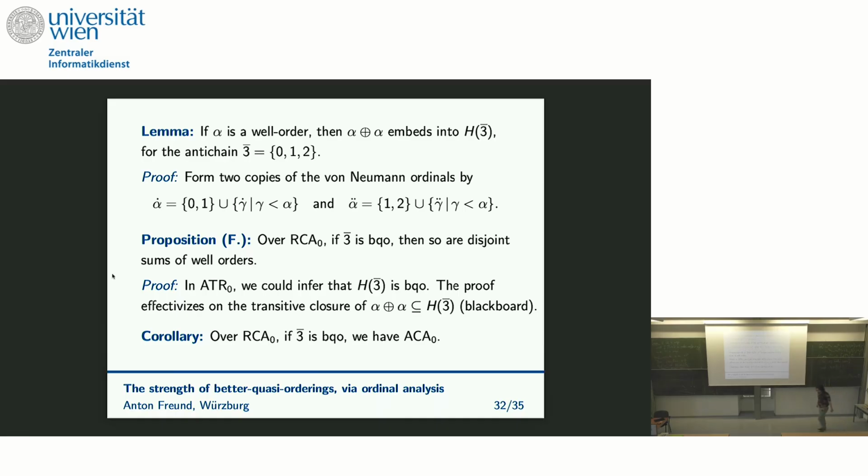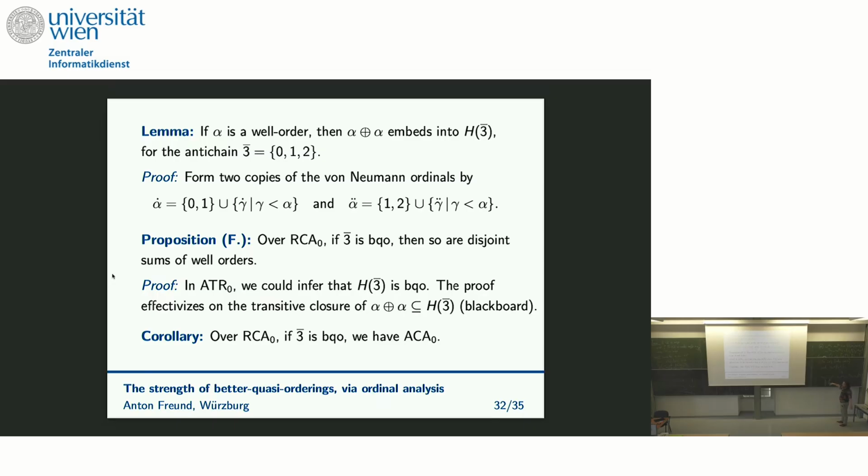But then what I can do is form sets that contain stuff from here. So I could form one set that contains a high element from the first copy and a low element from the second copy, and then maybe another set that contains a medium element from both copies, and another one that contains a low element from that copy and a high element from that copy.